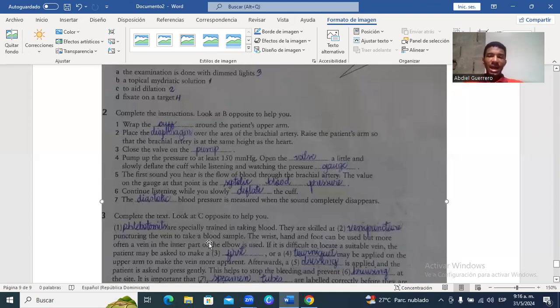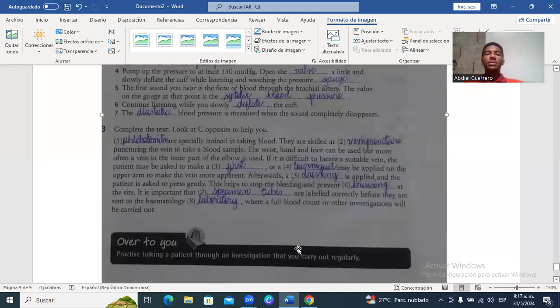The reading on the gauge at that point is the systolic blood pressure. Continue listening while you slowly deflate the cuff. The diastolic blood pressure is measured when the sound completely disappears.